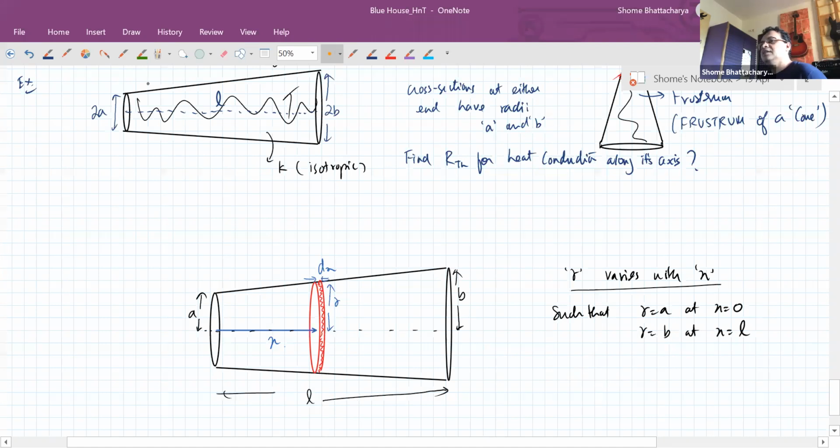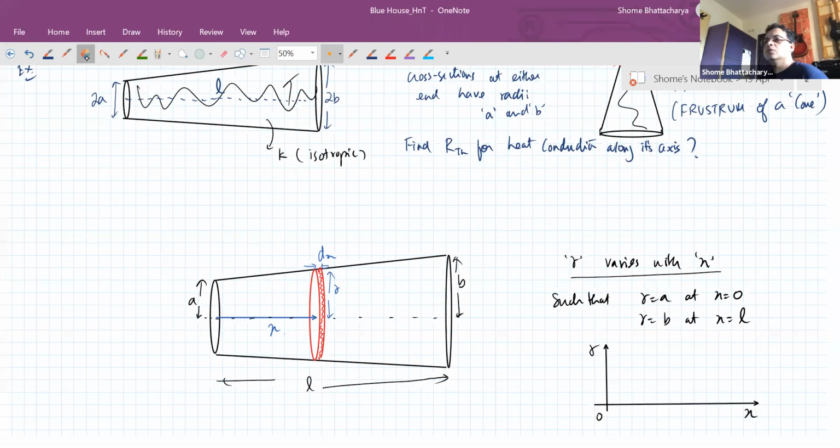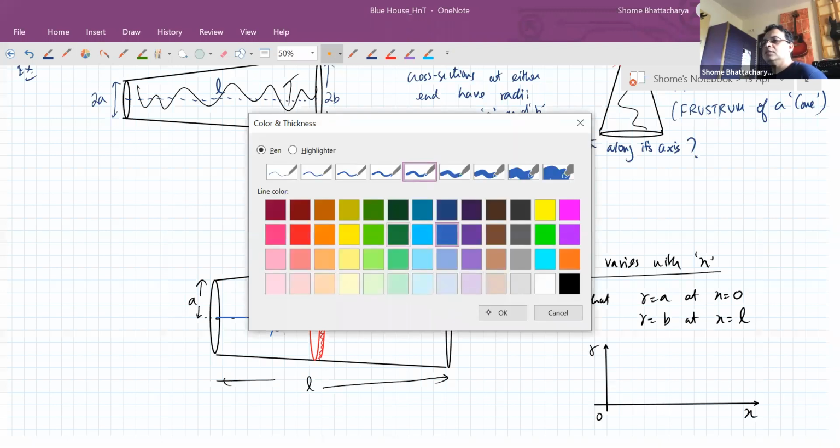You can understand that the relationship between r and x is a linear relationship, because the shape of the cone is that way. You can see this is a straight line. So if we're just talking about the radius alone, it varies linearly with x, and you can develop a formula quite easily.